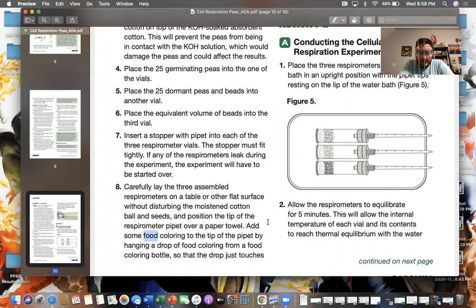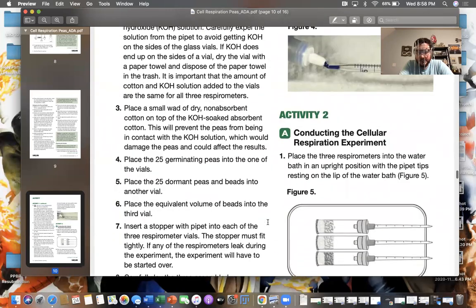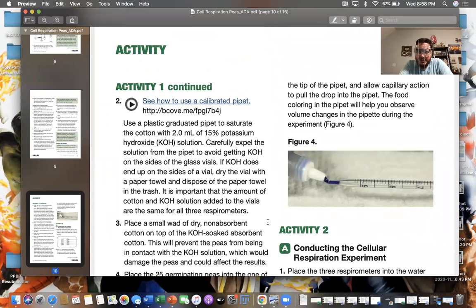Carefully lay the three assembled respirometers on the table or other flat surface without disturbing the moistened cotton ball and seeds. And position the respirometer pipette over a paper towel. Add some food coloring to the tip of the pipette by hanging a drop of food coloring from the food coloring bottle so that the drop touches the tip of the pipette and allow capillary action to pull the drop of the pipette in.